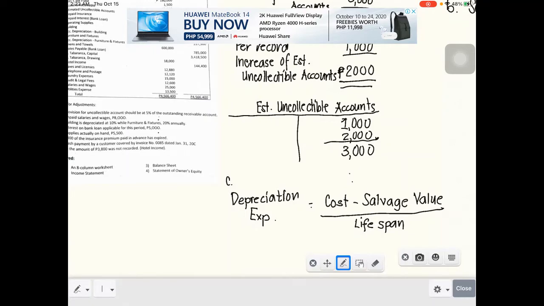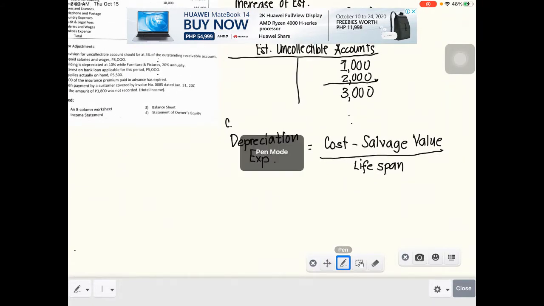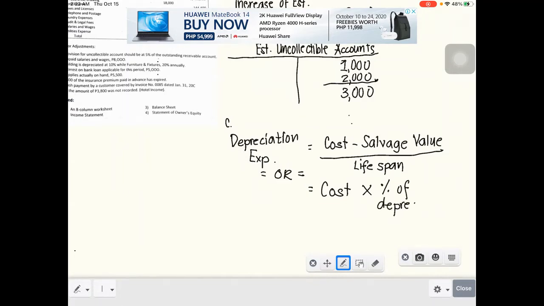But, why there is a big but? Depends on the presentation of the problem. So if just like in our problem, you might be confused. Or, cost times percent of depreciation. Depends on the provision. So in this case, we have building. We will use the second method.